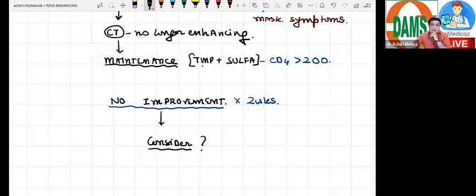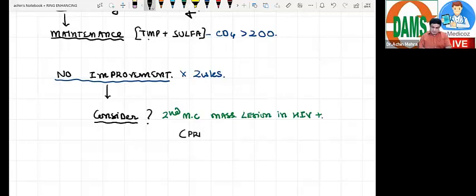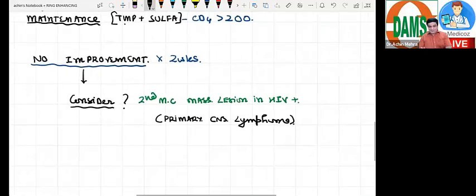This is the second most common mass lesion in HIV positive patients. It's primary CNS lymphoma, not tuberculoma. It's primary CNS lymphoma that we find there.